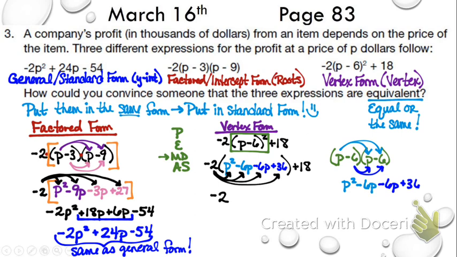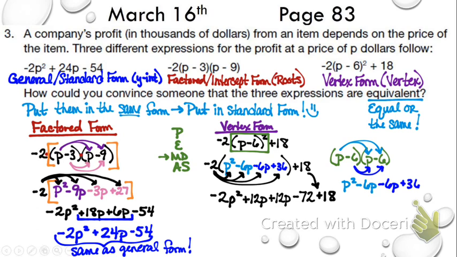So I have -2p squared, positive 12p, positive 12p, negative 72, and then don't forget to bring down that plus 18. Now I'm going to combine my like terms because now I'm at the addition and subtraction step.